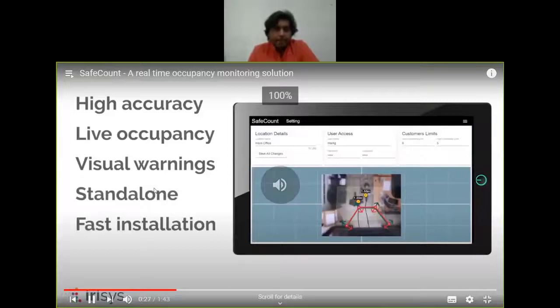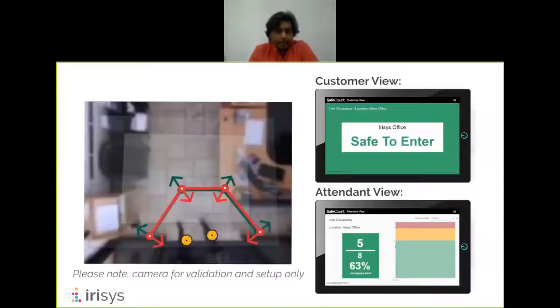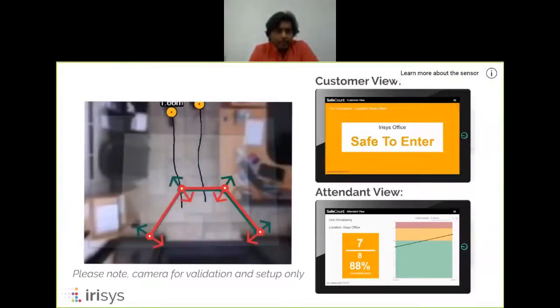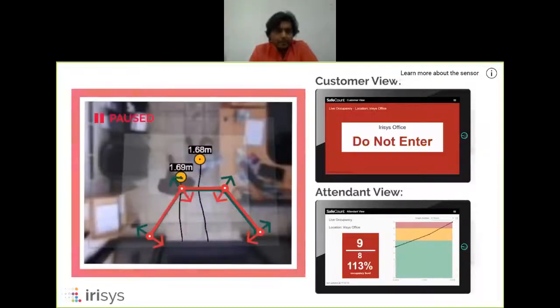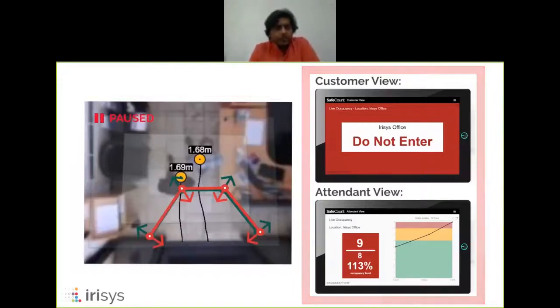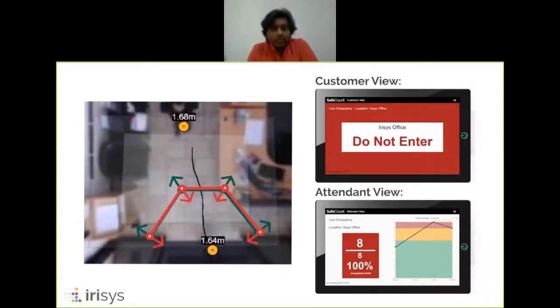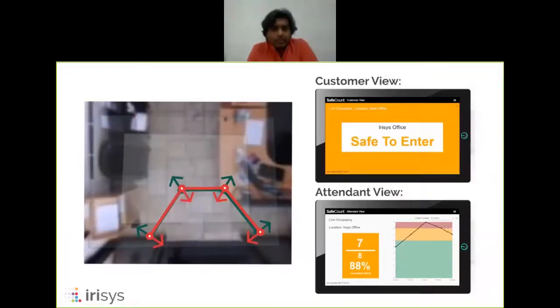This makes installation fast and with minimal setup required. You can put it in no time at all. SafeCam uses highly accurate people counting sensors to anonymously detect people as they enter and exit. On the left, you can see the sensor's video output and people entering and exiting the office. And on the right, we have the SafeCam customer and attendant views. As people enter and exit, you can see the occupancy level changing in real time on the attendant view and the visual warnings and alerts changing on the customer view.